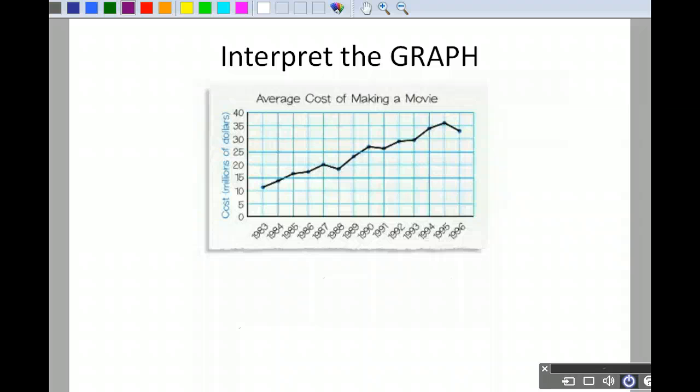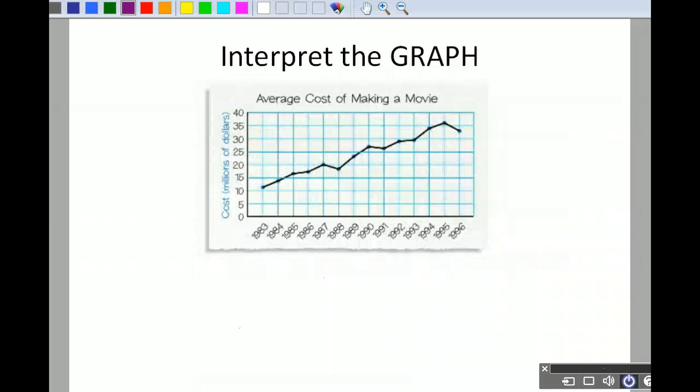Okay, another thing we're going to need to be comfortable with is interpreting graphs. Now, it could be something simple like the graph of this movie. Let's see, what would I say about this movie? When I look, I notice a trend.